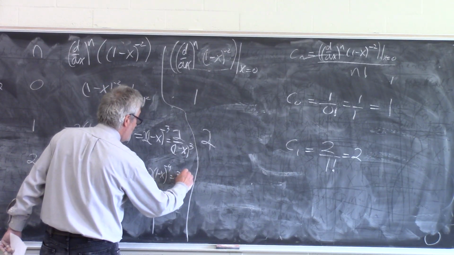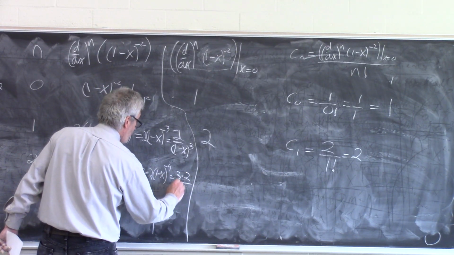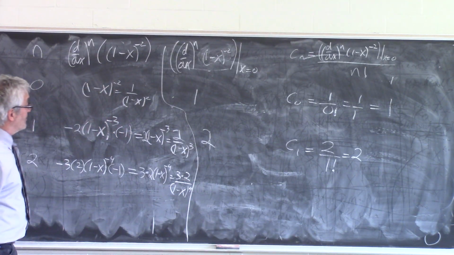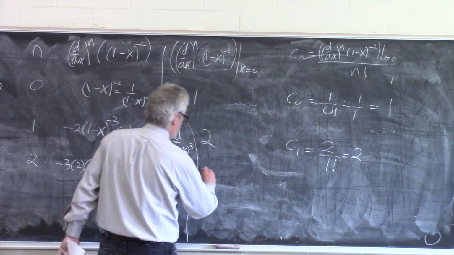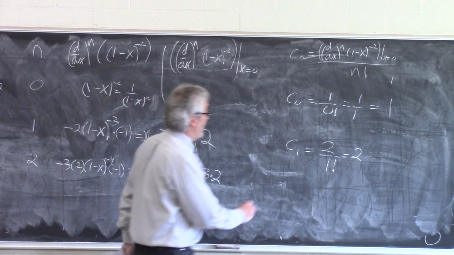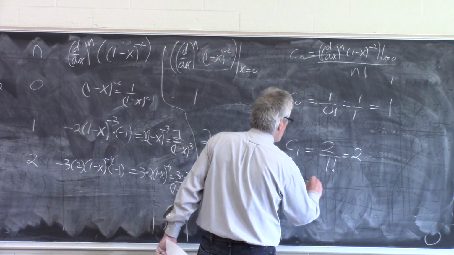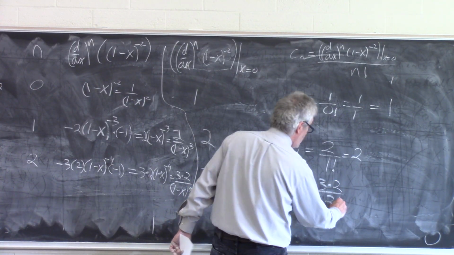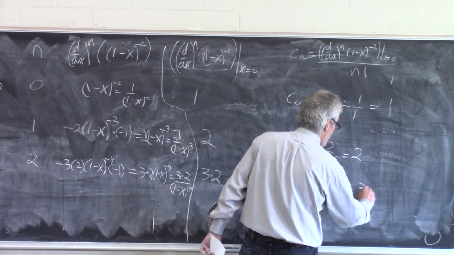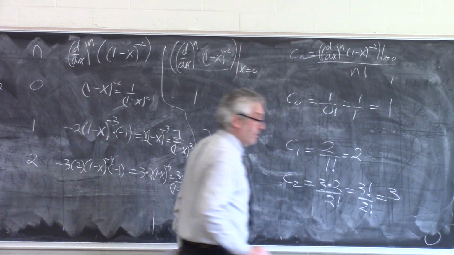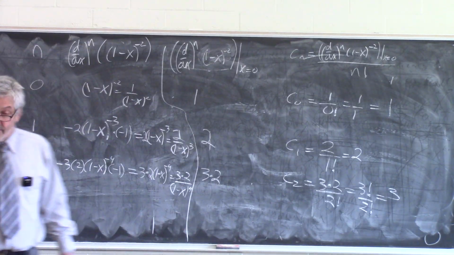So 3 factorial over (1 minus x) to the 4th. So when I plug in x equals 0, I get 3 times 2. And so my second coefficient is 3 times 2 over 2 factorial. Oh, wait a second. So that's 3 factorial over 2 factorial. That's just the number 3. Wow, that's pretty cool. That's very simple.